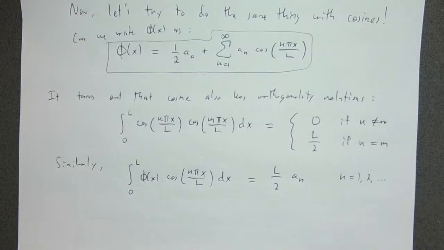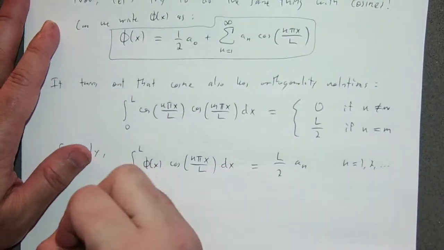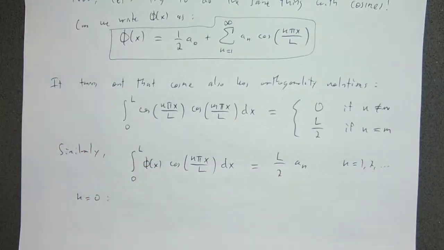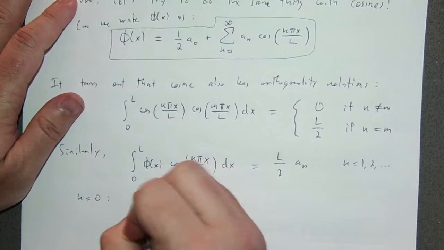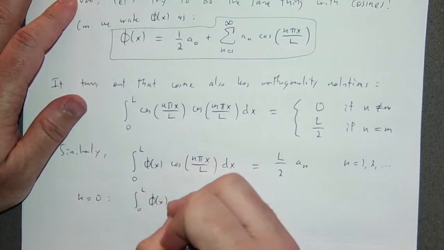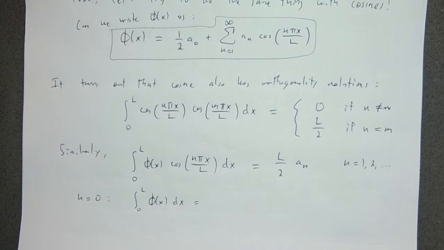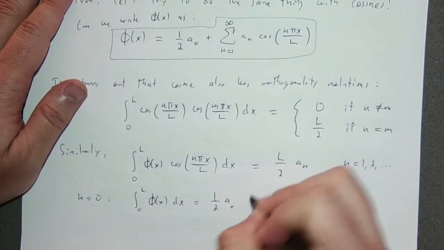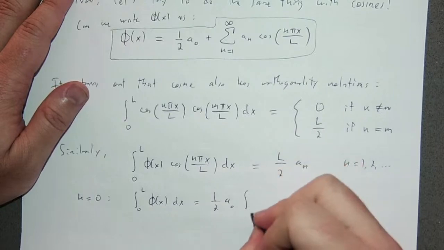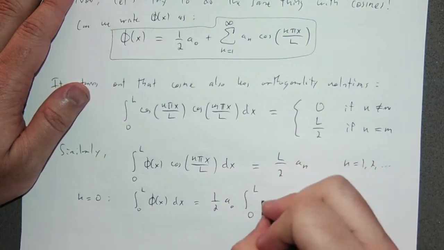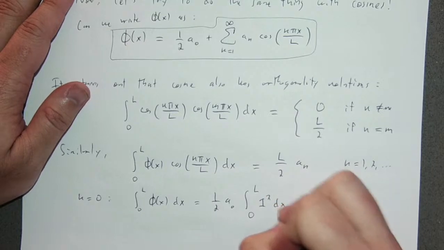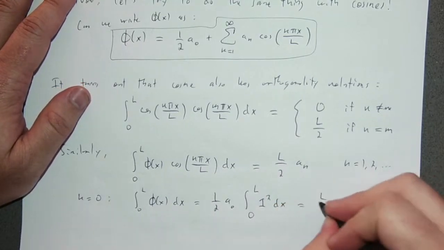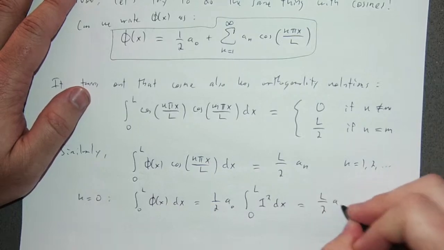If n is equal to 0, right, the n equals 0 case, then if I integrate from 0 to L phi of x dx, I get that that is equal to 1/2 a naught times the integral from 0 to L of 1 squared dx, if you like, right, which is L over 2 a naught.